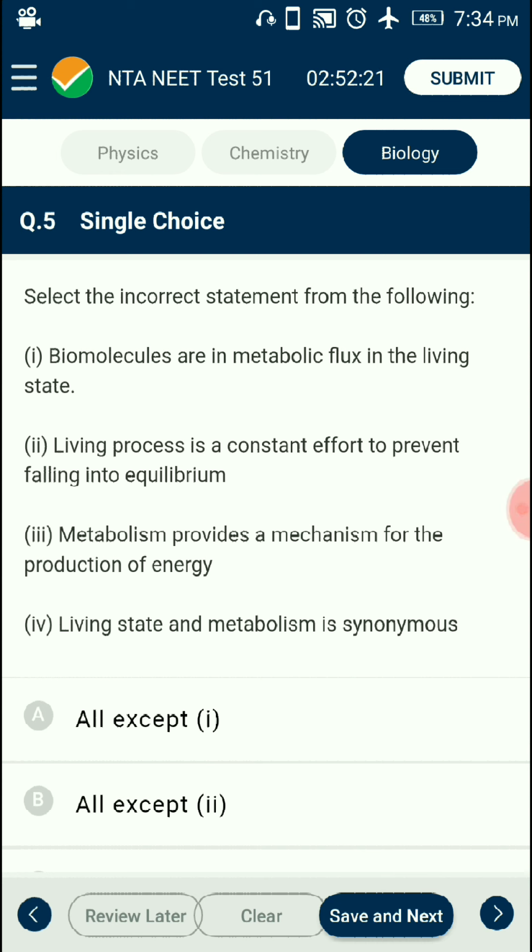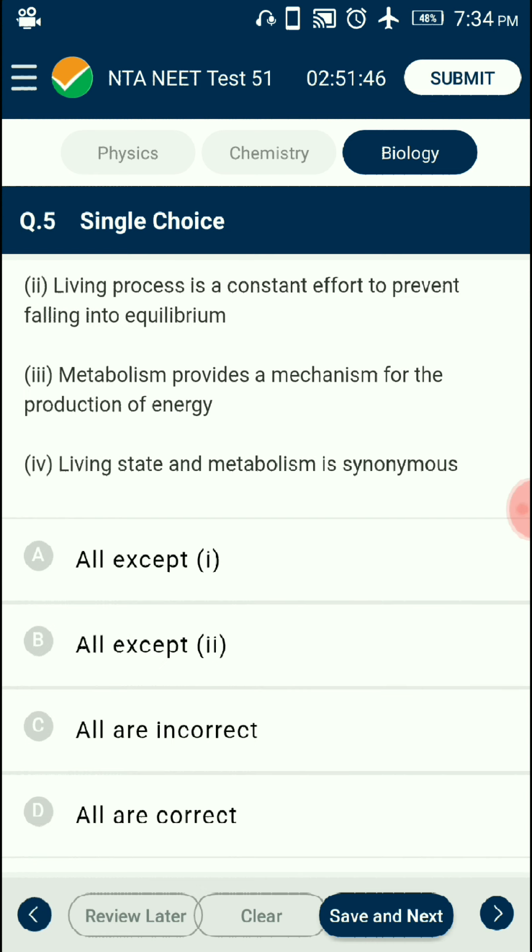The turnover rate of molecules by different metabolic pathways is the metabolic flux, and organisms remain in a steady state as it requires chemicals in certain fixed concentrations. Since reactions are continuously being carried out, the living state is trying to prevent reaching equilibrium. If it reaches equilibrium, then all systems will shut down. Thus it can be said that the living state and metabolism are synonymous. So the answer for this question is option D. All are correct.